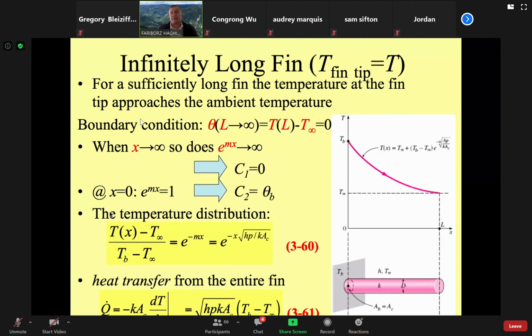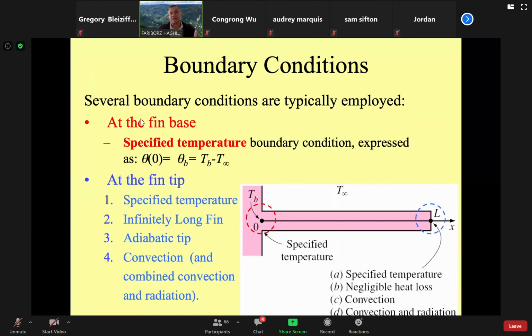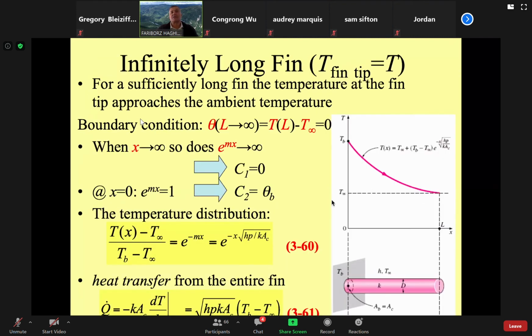For example, if you assume the fin is too long, it means the temperature here is the same as the temperature outside, T infinity. Therefore, they solve this differential equation, and your text would mention, and the answer becomes T(x). That means the temperature at every point along the fin, minus T infinity.